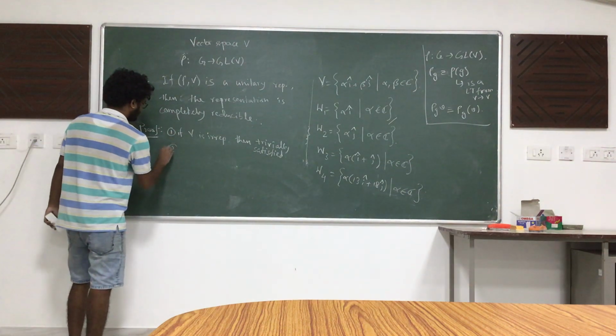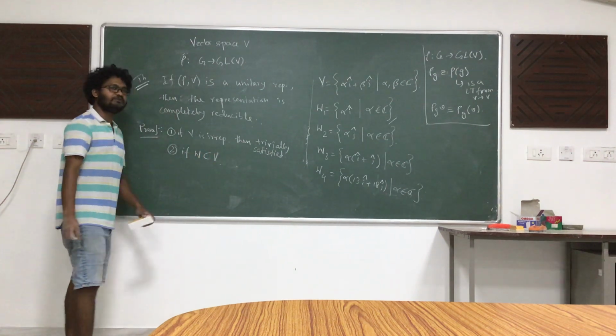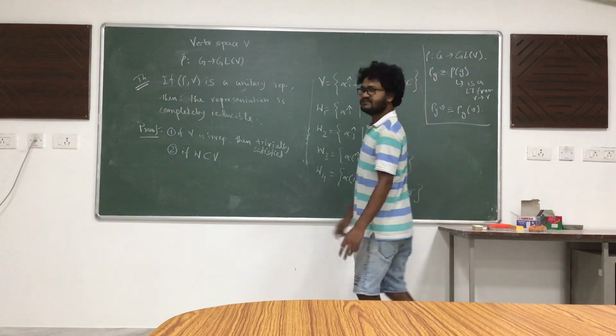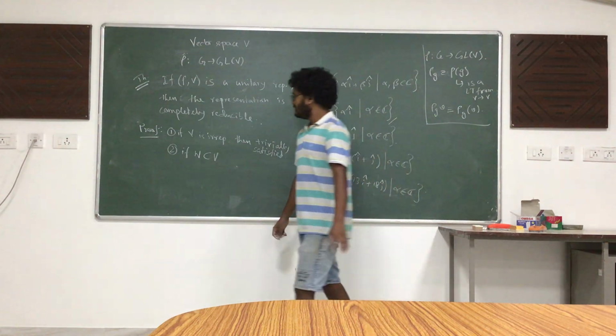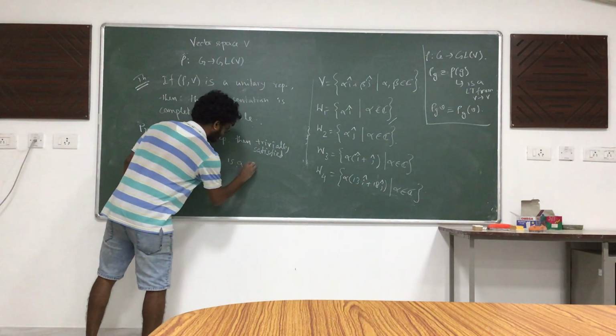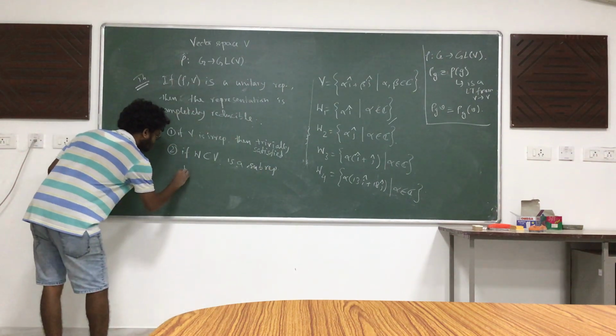Second, if W is a sub-representation, then we have to prove that there exists another sub-representation, W prime, which is stable under the action of the group G. The answer is very simple.